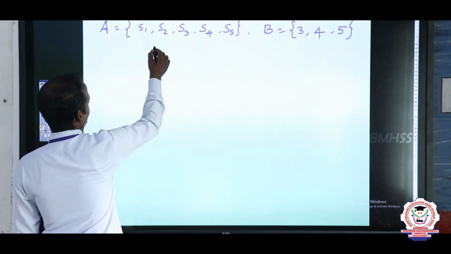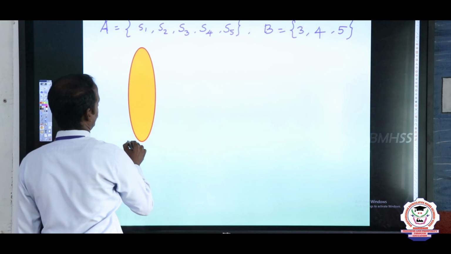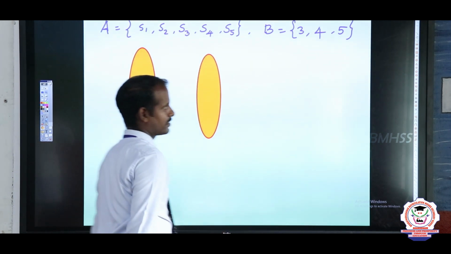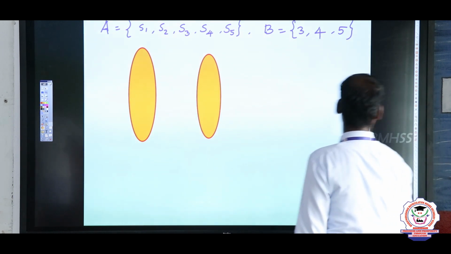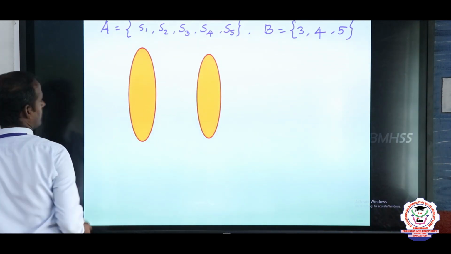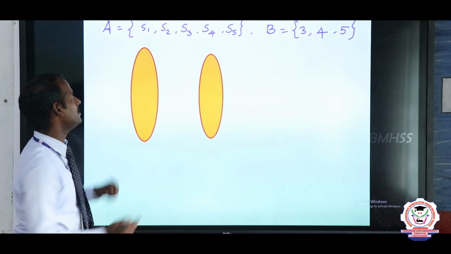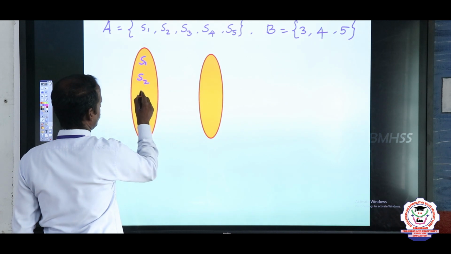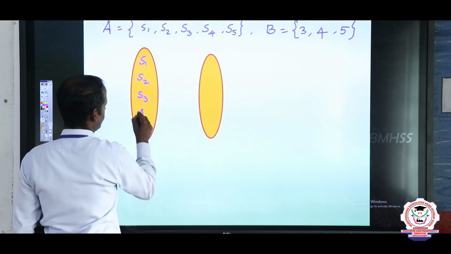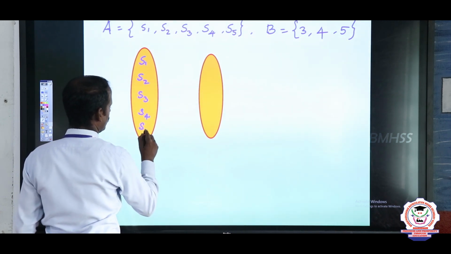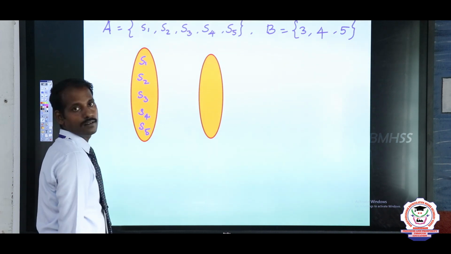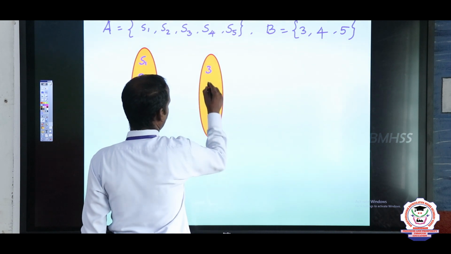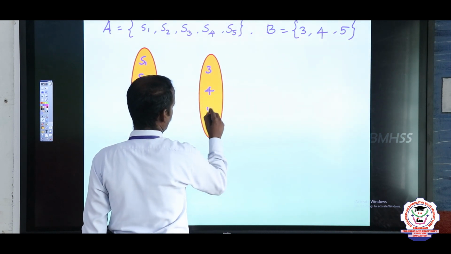Set A. Set B. Number of person, S1, S2, S3, S4, S5. Then height of the students, 3, 4, 5.